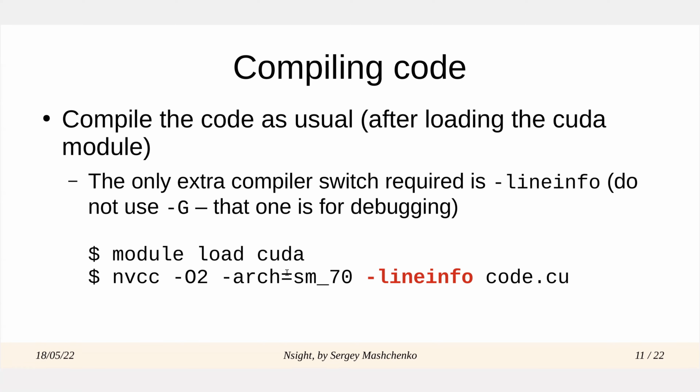Make sure the architecture you're compiling for matches the GPU you're trying to use, because profiling is highly sensitive to the particular GPU version. For Volta, compute capability 7.0, the architecture is sm_70. For Pascal, P100, it would be 6.0, for T4s it would be 7.5, and for A100s it would be 8.0.